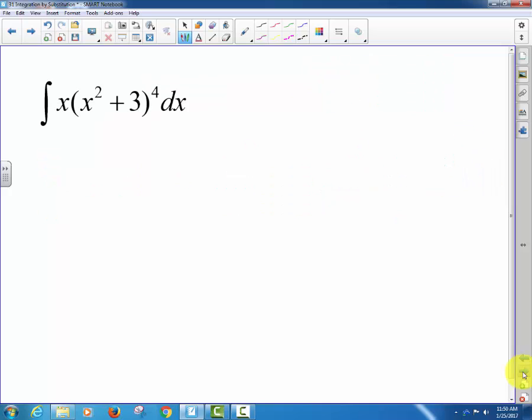Try this one, and then I'll help you out with it in a second. But try it for a moment first. When you see the problem, then start figuring out how to solve the problem.